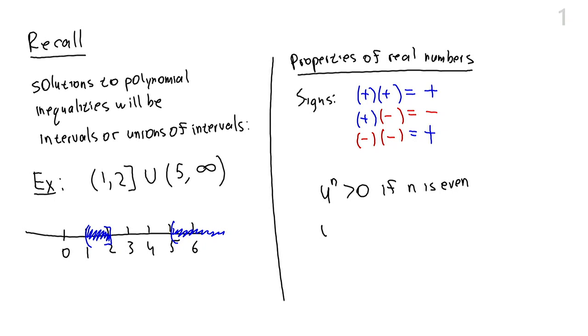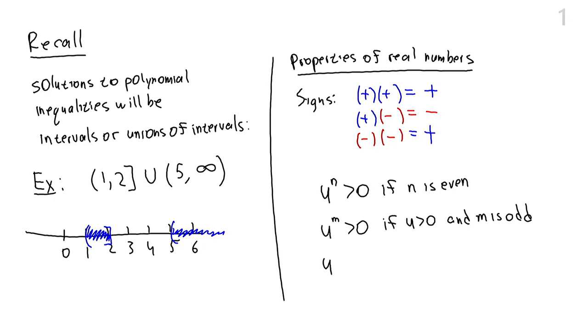If you have odd powers, then u to the m is positive if u itself is positive and m is an odd number. So if you take a positive number to an odd power, it's going to remain a positive number.